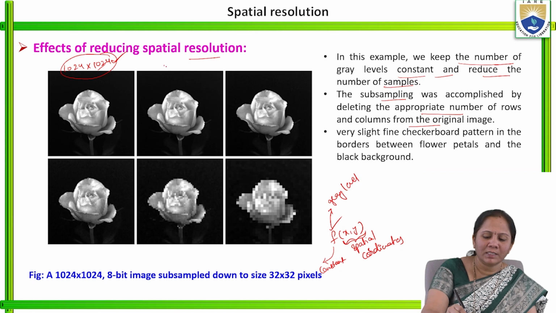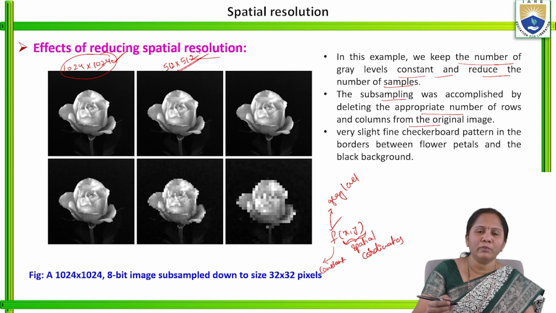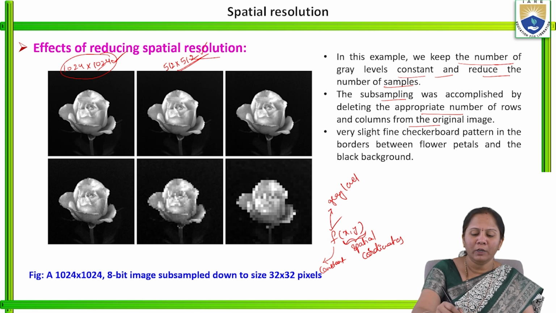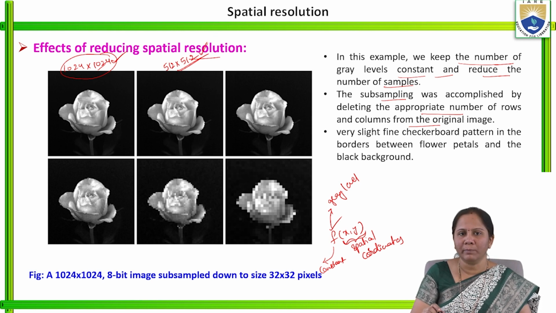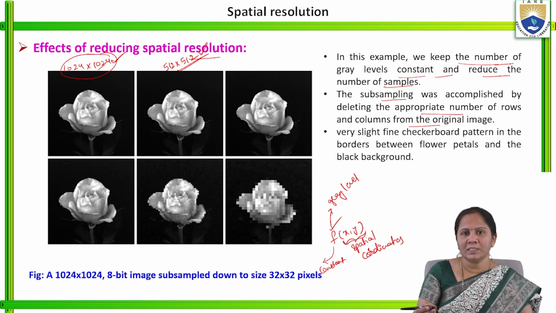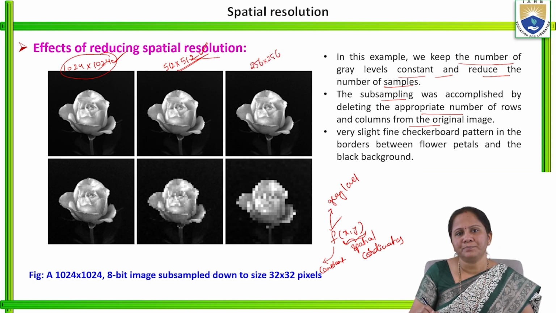So this image is 512 by 512. Again, if you delete rows and columns, this becomes the input now, and the next image, with reduced spatial resolution, will be 256 by 256.